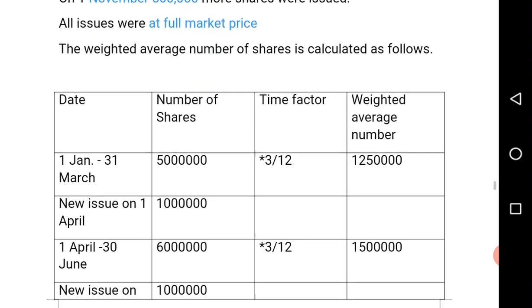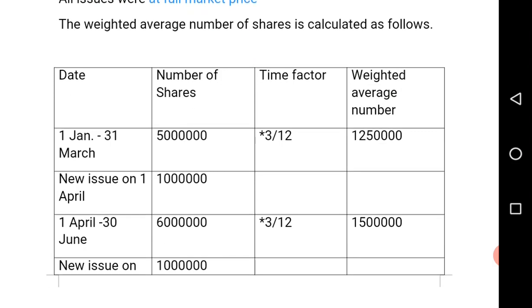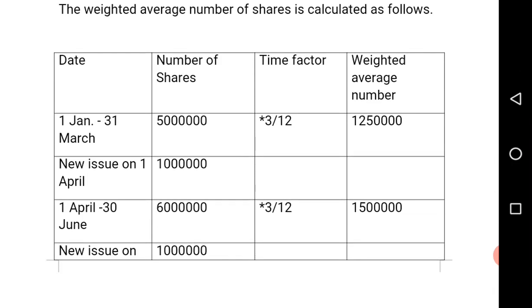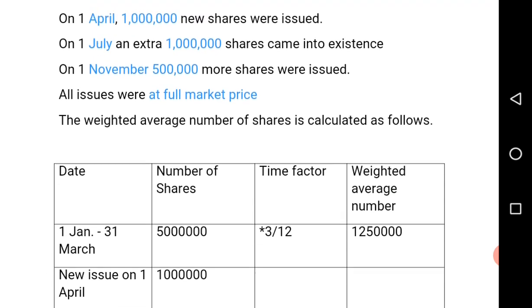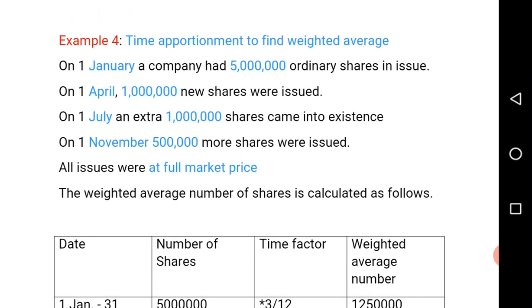Now there's a table here, and it says 1st January to 31st March. We start from the first month of the year, which is 1st January to 31st March. That's 3 months. Now we didn't include April because at 1st April, that's the beginning of April, new shares were issued. So our number of shares was not 5 million again, rather it increased to 6 million.